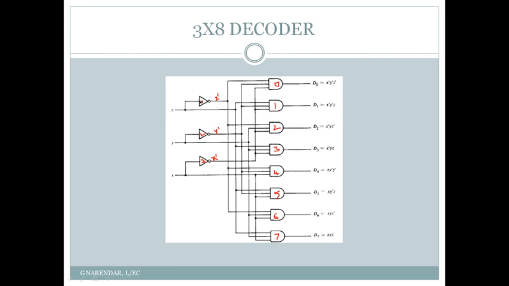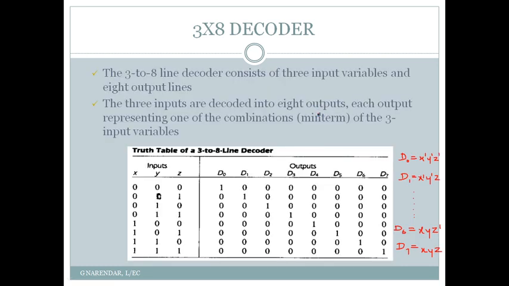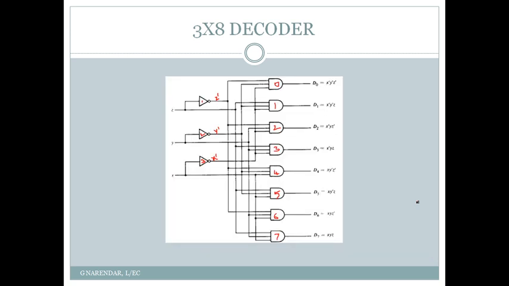Now all 6 variables are available, 3 in original form and 3 in complemented form. For each output function, we have written the expressions, and according to the expression, whatever variables are present must be given as inputs to the corresponding AND gate. In that way we will be able to produce all the outputs.